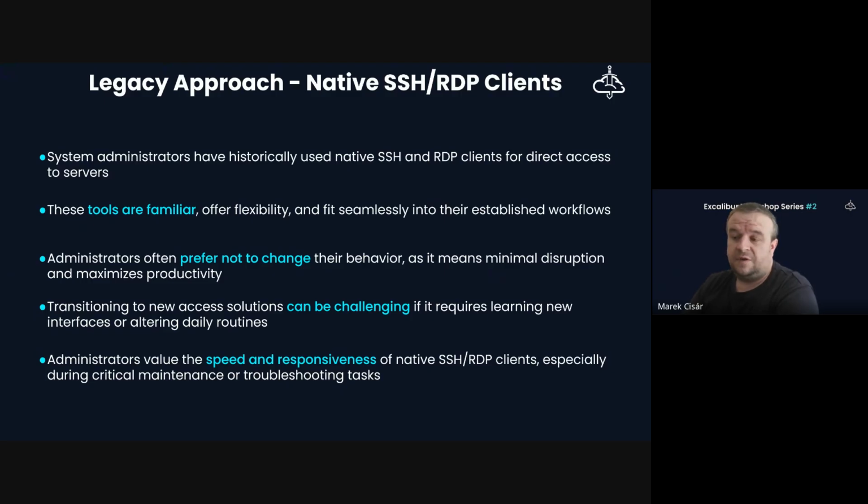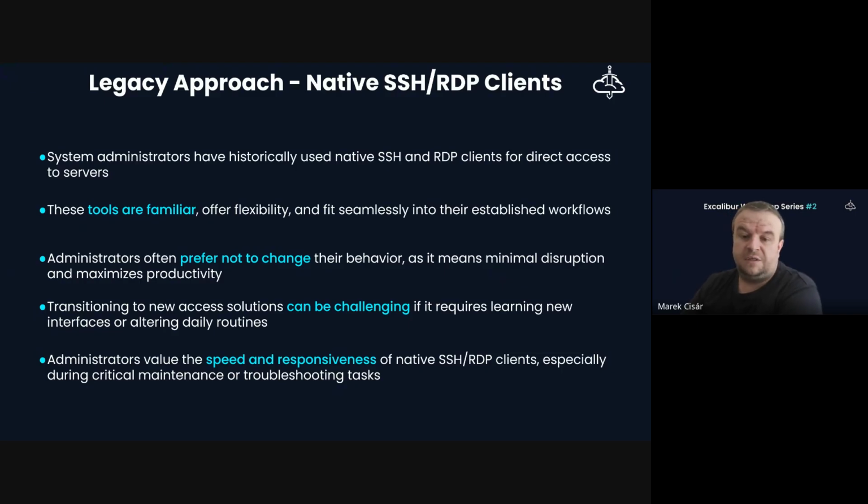In that case, we do not need to perform connectivity based on SSH or RDP protocol directly to the Excalibur application server, for example, using the standard internet connectivity. So we utilize tunneling clients to perform such a connection in an encrypted way.